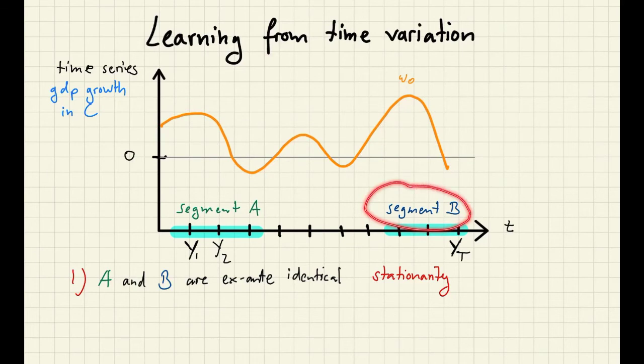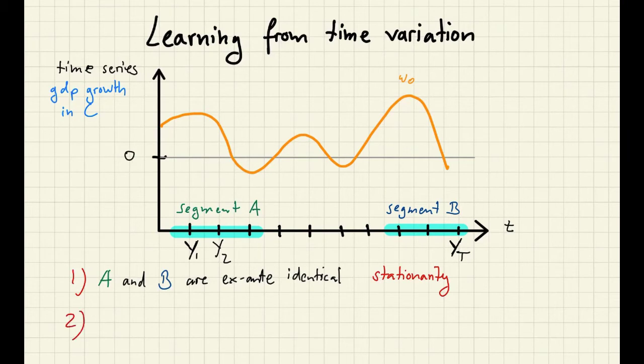Segment B happens after segment A has already happened. And since the past can influence the future, there's a possibility that what happened in A somehow influences what can happen in B. Our second condition restricts how connected segments A and B, or how dependent they are allowed to be.